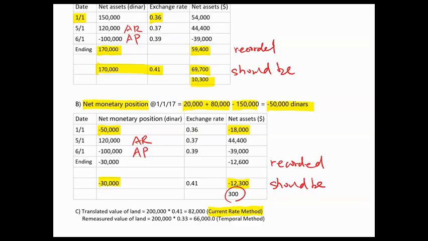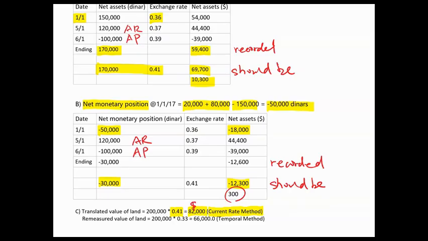Then we need to translate the land value from the foreign currency to US dollars based on the current rate. The current rate is 41 cents per dinar. So the translated value of land will be 82,000 US dollars.